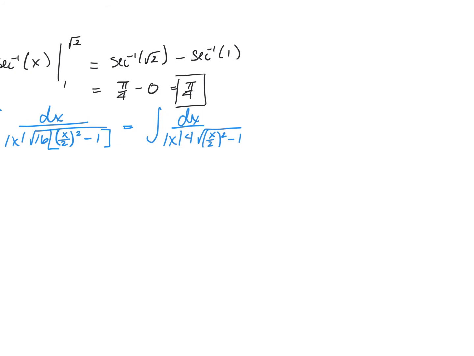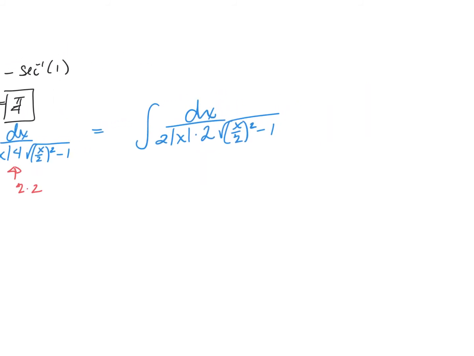Now, I'm going to write this 4 as 2 multiplied by 2. There's a reason why I'm going to do this. So I have the integral of dx over 2, the absolute value of x, multiplied by 2, multiplied by the square root of x over 2 squared, minus 1.